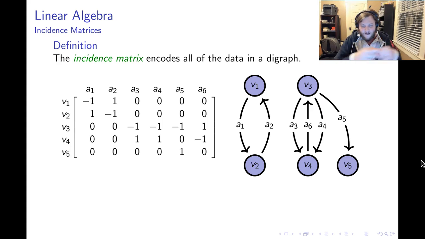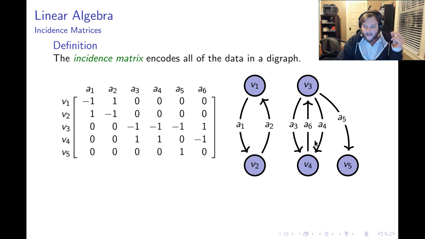And the idea starts with this notion of the incidence matrix of a directed graph. So what is the incidence matrix of a directed graph? Well, the incidence matrix encodes all of the important information in the directed graph. So here we're looking at an example where we have a directed graph that has 5 nodes and it looks like we have 6 arrows.